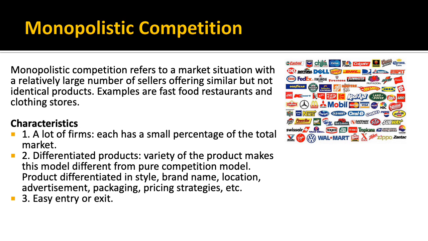Why, yes, I would. Now, the products are differentiated. The variety of the products makes this model different from pure competition. The products are differentiated by style, brand name, location, advertising, packaging, pricing strategies, etc. Once again, it is easy to enter or exit this market.